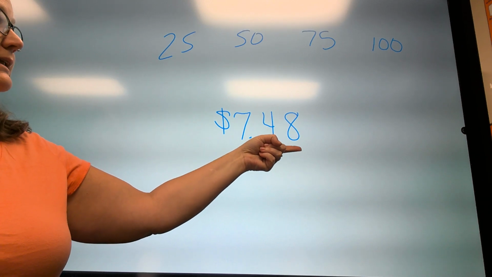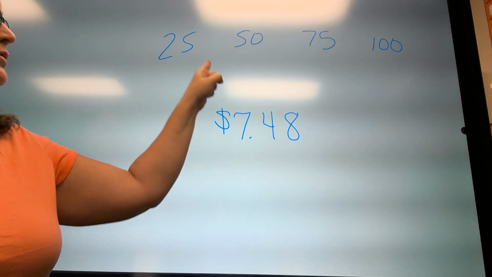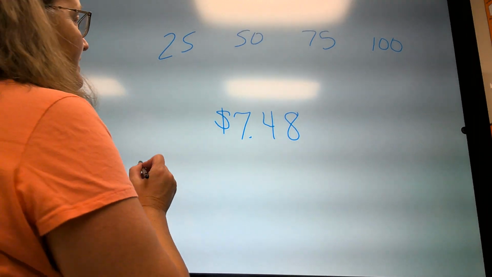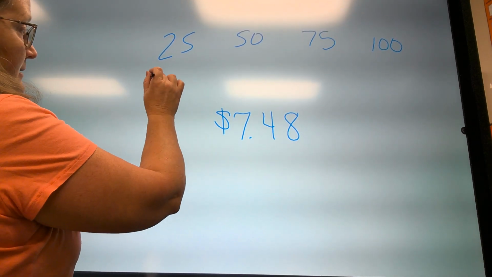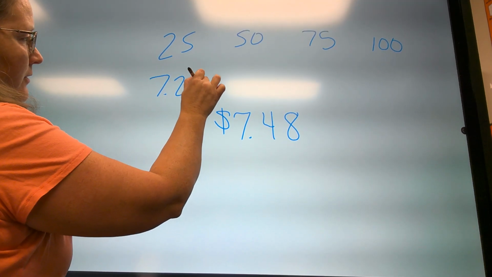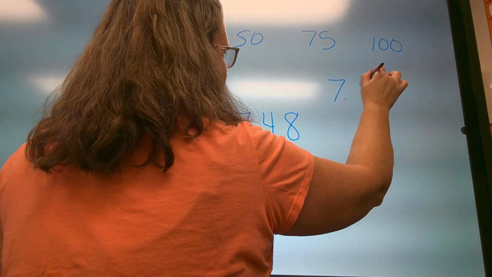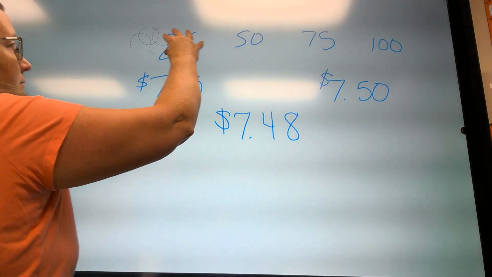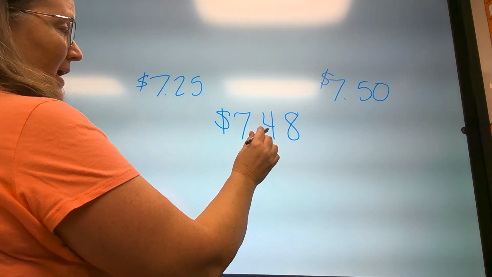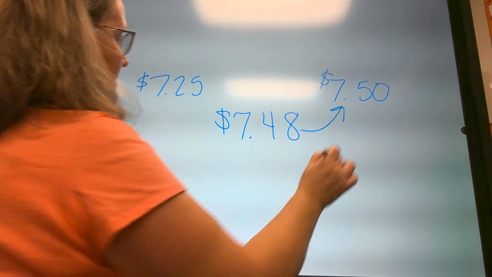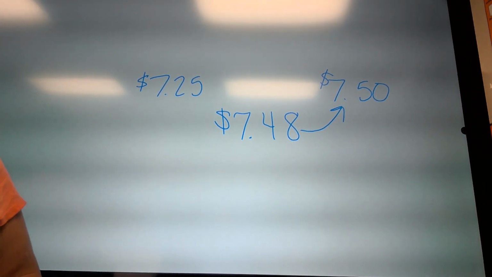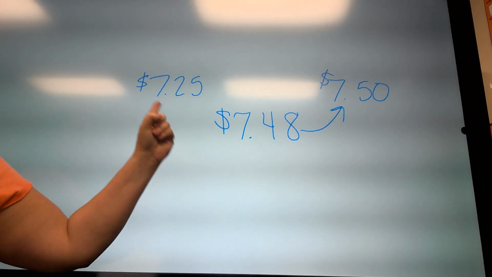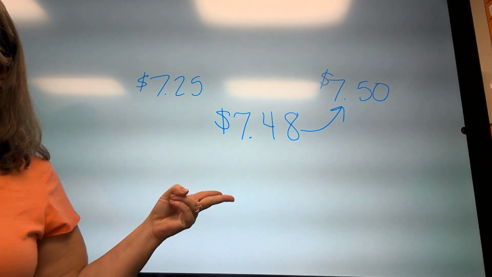Yep. Is it less than 50? Yep. So it is either going to be $7.25 or it's going to be $7.50. Which one is closer? $7.50, because we're only 2 pennies away from $7.50. Right? That's a whole bunch more pennies to $7.25, 23 cents more.